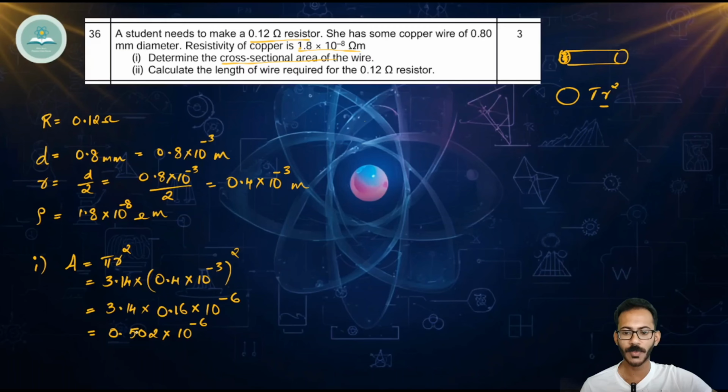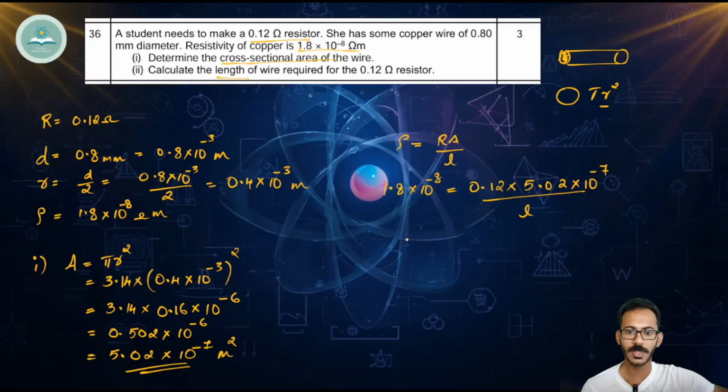We know the equation connecting all these, that is rho is equal to RA by L. Now rho, resistivity, that value is given here, that is 1.8 into 10 raised to minus 8, that is equal to resistance R, 0.12, into area of cross section is given here, that is 5.02 into 10 raised to minus 7 divided by L. Length is not given, we have to find out that.